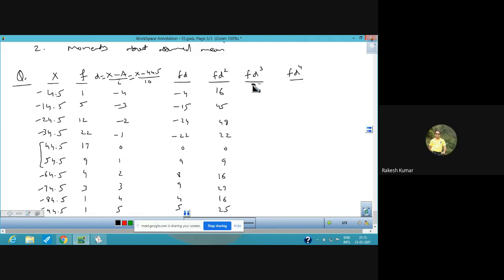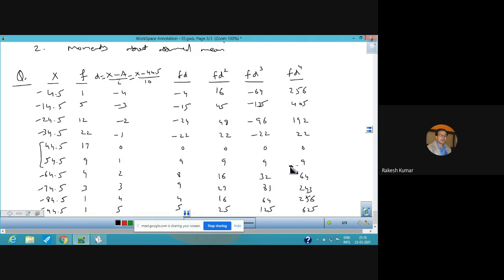So fd cube will be minus 64, minus 135, minus 96, minus 22, 0, 9, 32, 81, 64, 125, and the last column will be 256, 405, 192, 22, 0, 9, 64, 243, 256, and the last is 625. We require these columns.